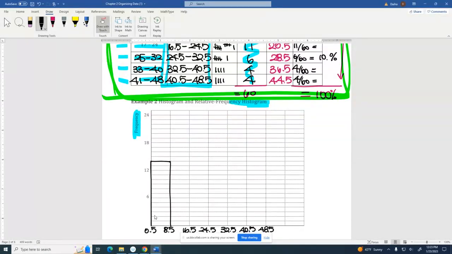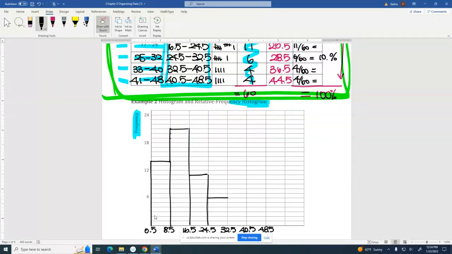How many were in the second class boundaries? 21. Next. Oh, there is 11. Thank you. 11.